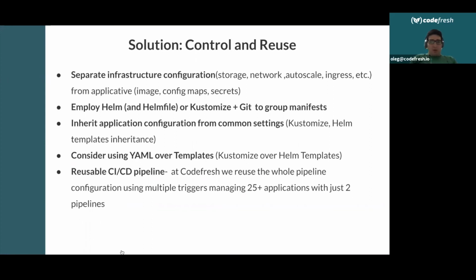You can use Helm, you can use Kustomize and Git, depending on the approach, but you need to be able to group the manifests associated with the deployment of your service. Inherit application configuration from common settings. When I create or add a new service, most of the defaults are applicable to my service as well. I don't need to create them again and again.